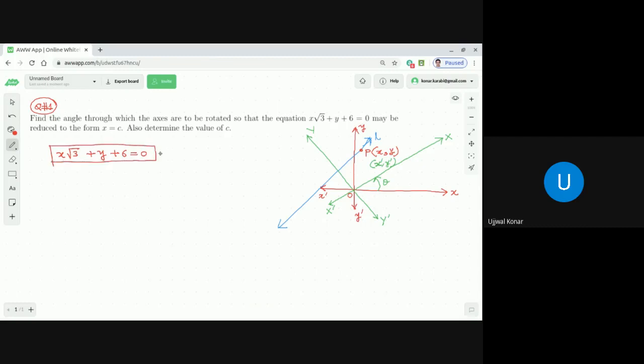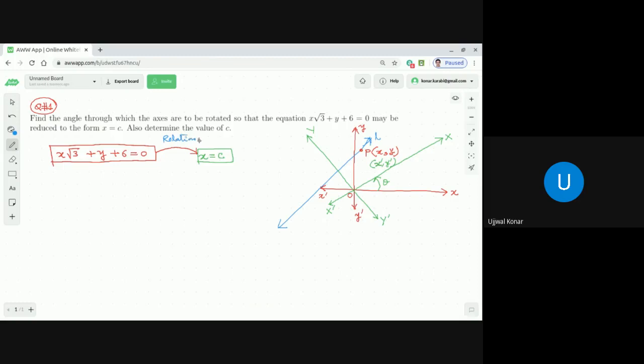And this has been transformed to another equation, which I write in green color: x equal to c. That is the new equation, due to the rotation of the coordinate axis. Then the question is: what is the angle of rotation? What is this theta, through which we obtained this?